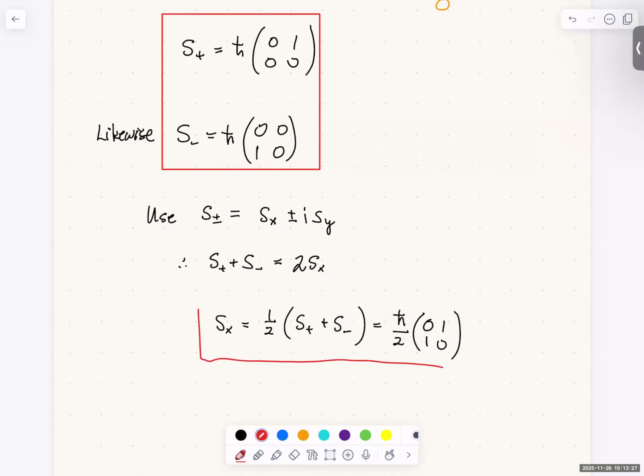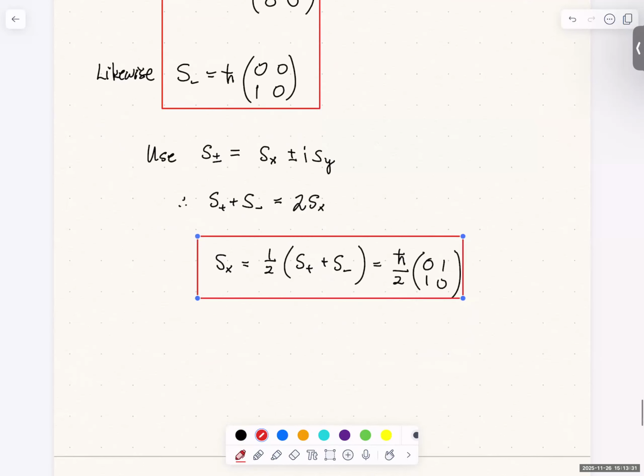And then the last thing we'll do is say, okay, S plus minus S minus. What would that be? If I took the difference between these S plus and S minus, the Sx will cancel. And then we'll get i Sy minus minus i Sy.